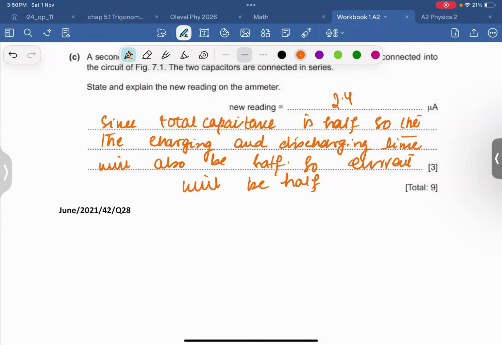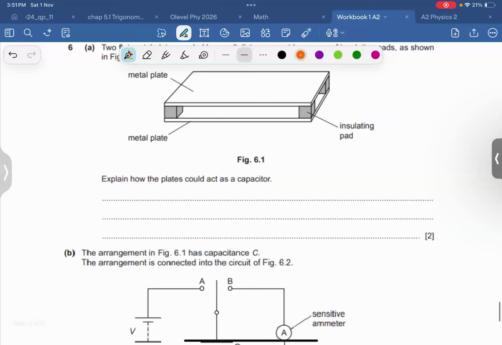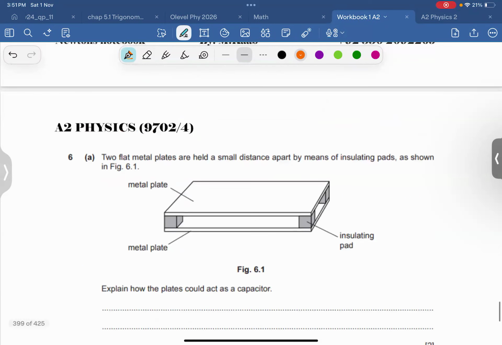Okay, now moving on to the other circuit, or the other question. Good one. Okay, so let's try it together. The question says that two flat metal plates are held a small distance apart by means of insulating pads, as shown.